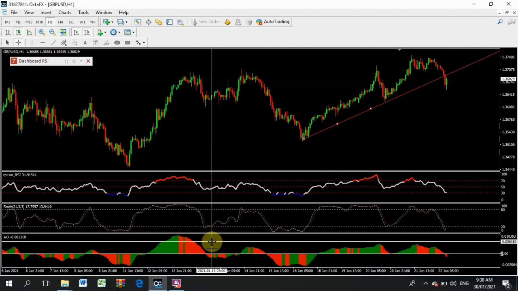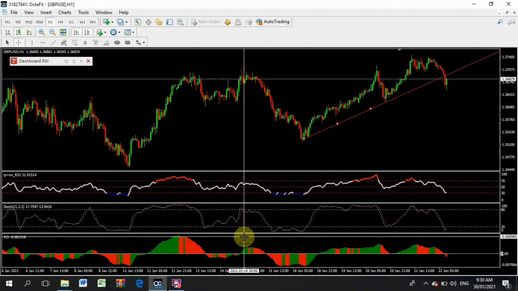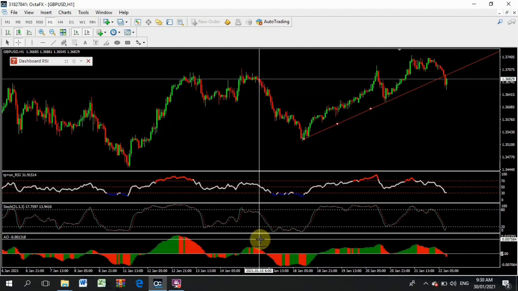Another rule that you will use is that whenever your stochastic oscillator is overbought and you see that your RSI is below 50, then you go for a sell trade, which occurs around this area.